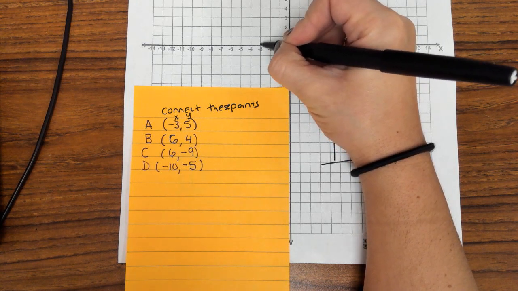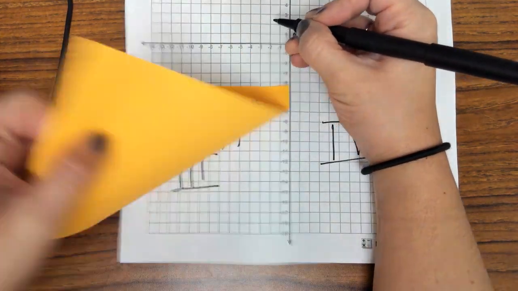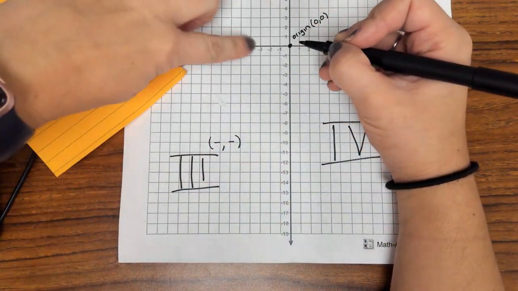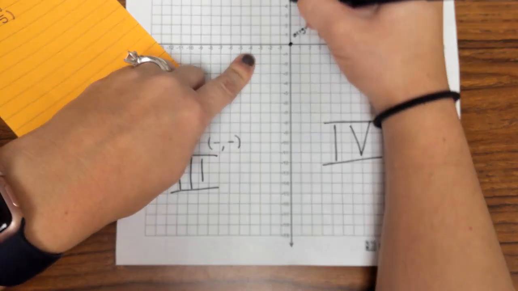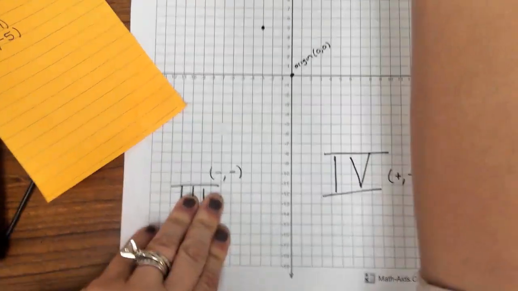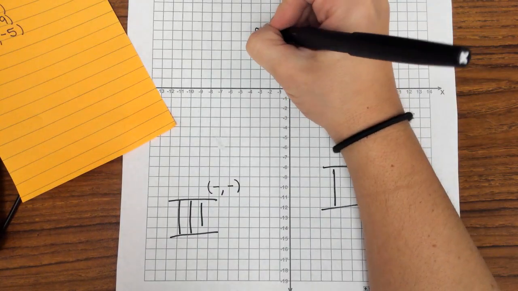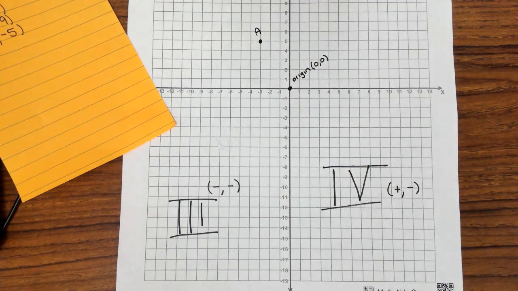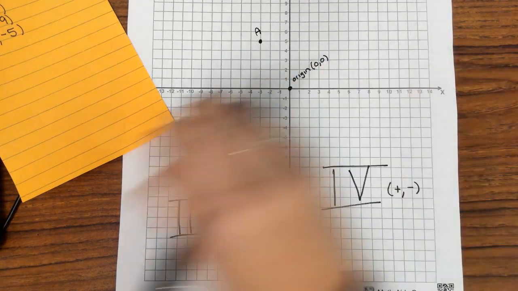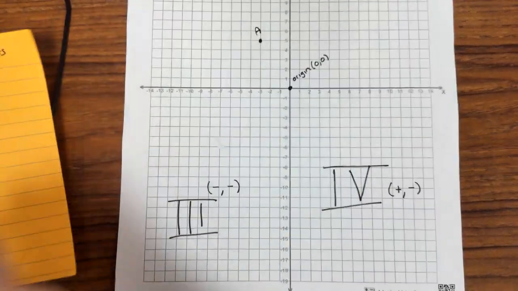So I'm going to go to negative 3 and go up to 5. Negative 3 up to 5, and that is point A. B is 6, 4. X value is 6.